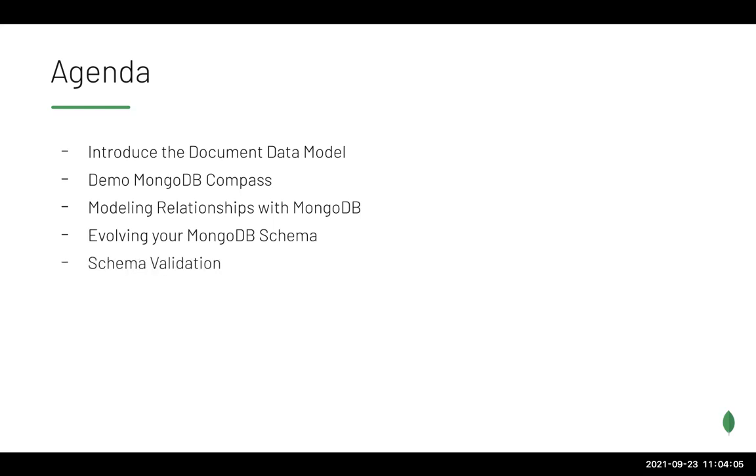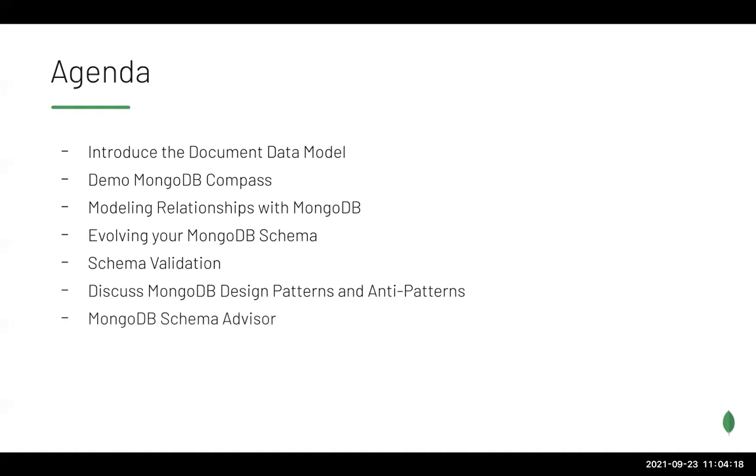Next, and the meat and potatoes of our presentation, is going to be modeling relationships with MongoDB, and we'll cover a bunch of different use cases on how to best do that. Next, we're going to talk about evolving your MongoDB schema as you build out your application, as your application grows and evolves to meet new use cases.